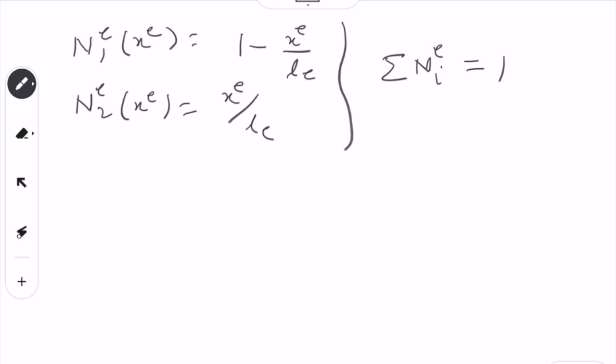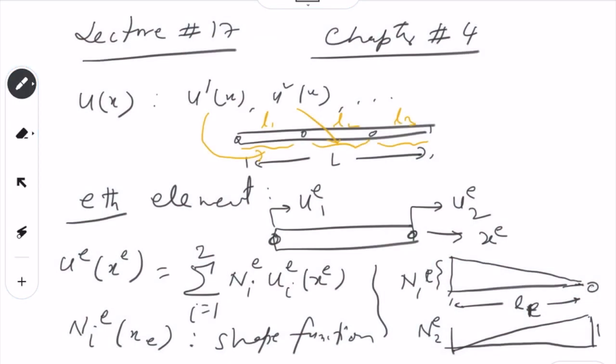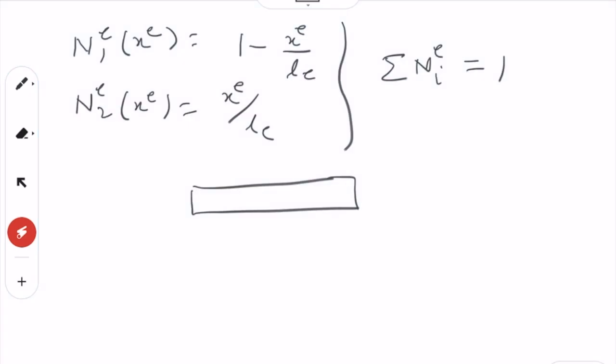Looking from the element point of view, the way we were writing here, the same thing you can draw. We have u_e1 and u_e2, and accordingly there will be a force or a stress as well.